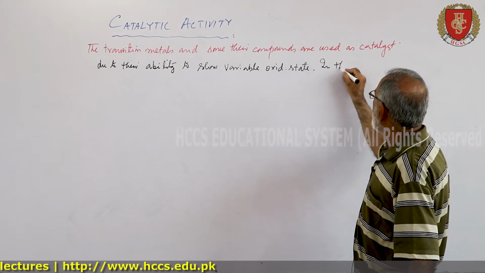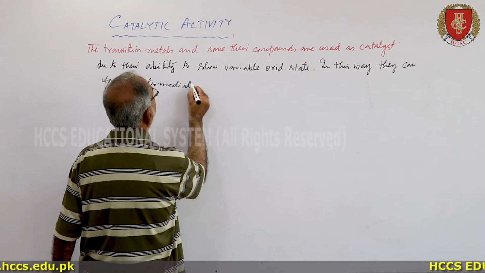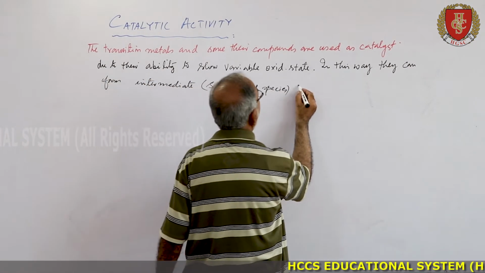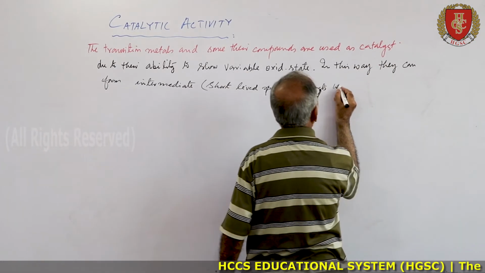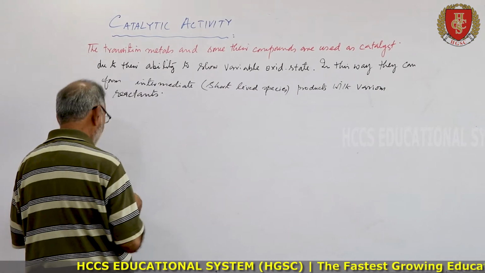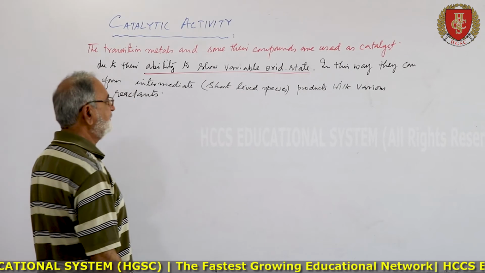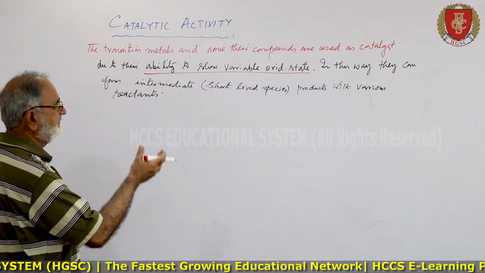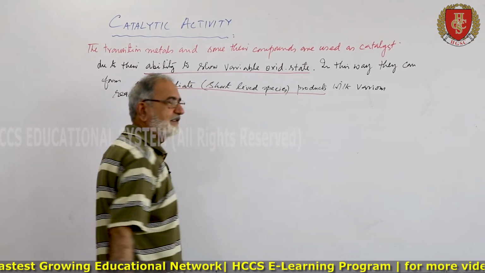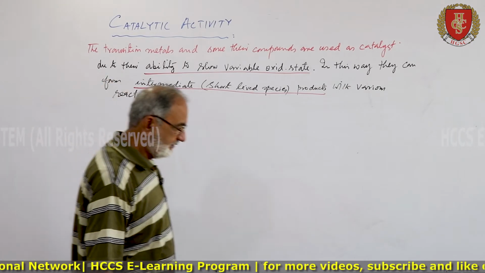In this way, they can form intermediates, that is short-lived species or intermediate products with various reactants. The important point is that they form intermediates which are short-lived and unstable, which then automatically change into the main product.